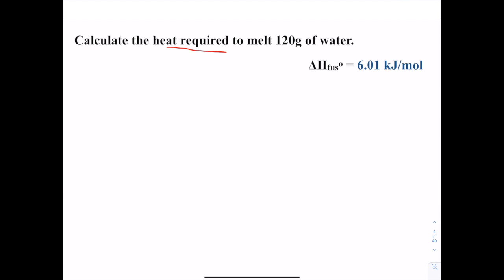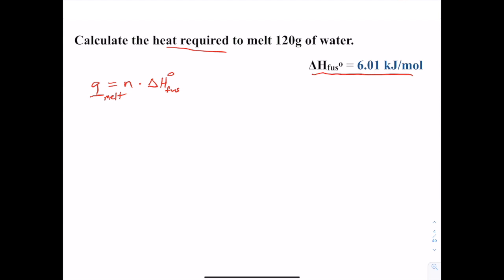So the heat of fusion of water is 6.01 kilojoules per mole. So Q for melting, Q is heat, is equal to the number of moles times the molar enthalpy of fusion. So if we had 1 mole, it would take 6.01 kilojoules to melt it. But we have 120 grams.